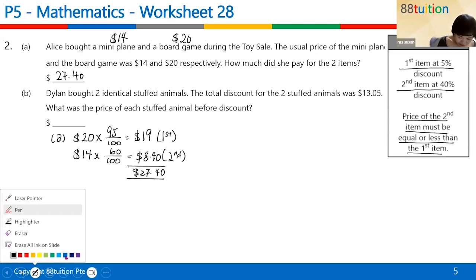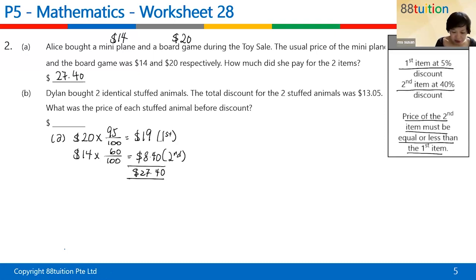All right. For the next one, Dylan bought 2 identical stuffed toys and the total discount was $13.05. What was the price for each stuffed toy before the discount? For this one, the discount is 5% for the first one, and the second will be 40%, right?